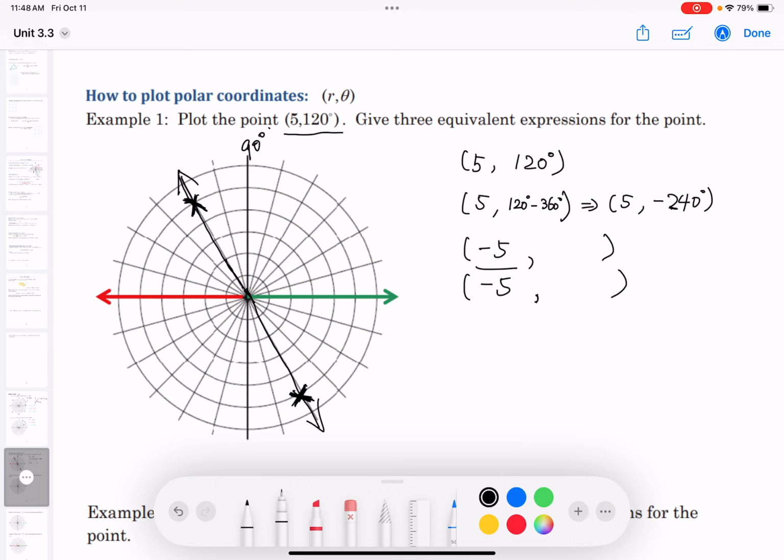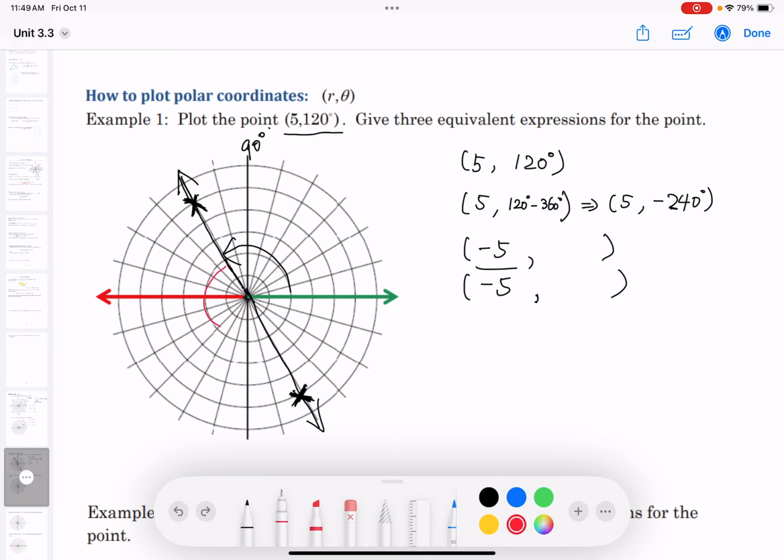So I need to find the angle of this point. For example, 120 is from here to here. So I can add a half revolution, or plus 180. Let's use a different color.